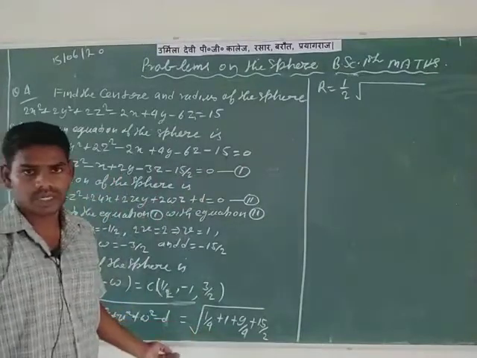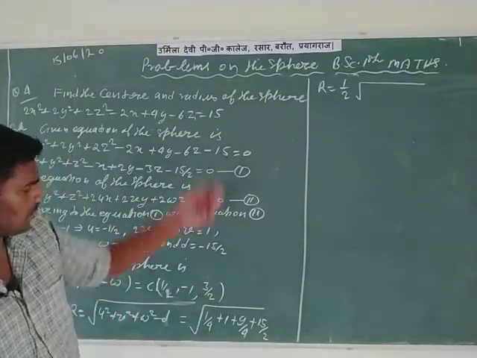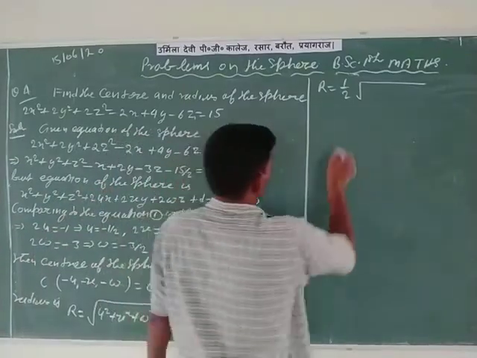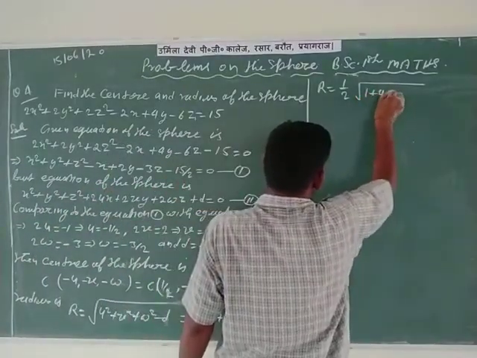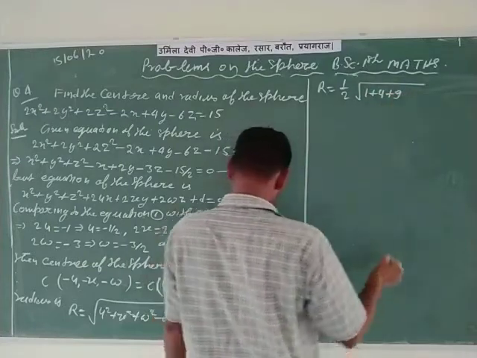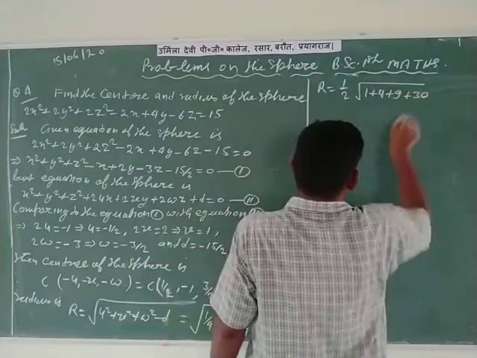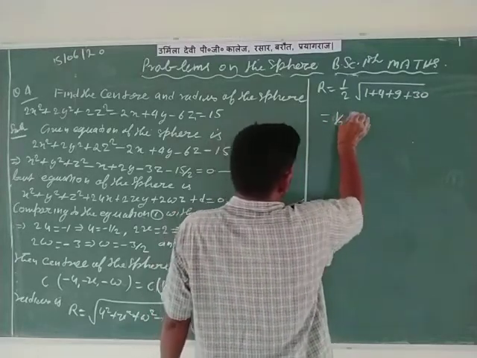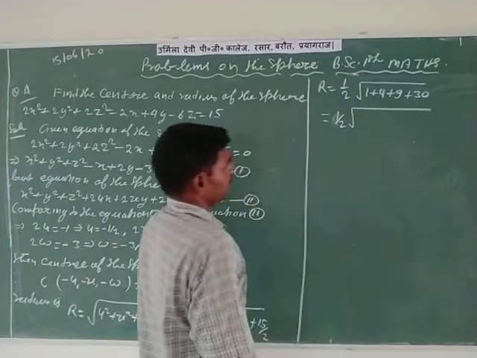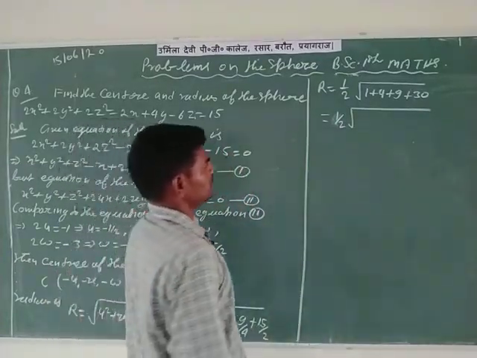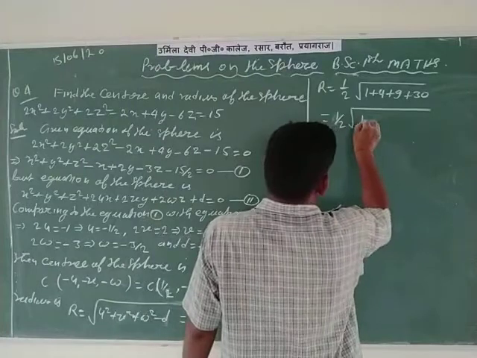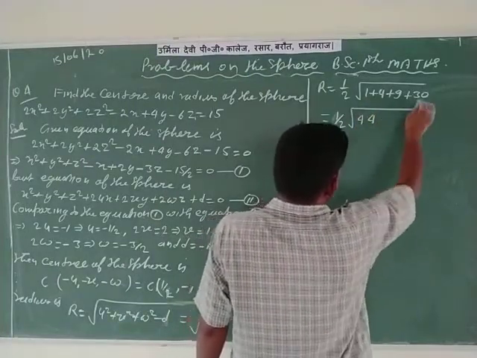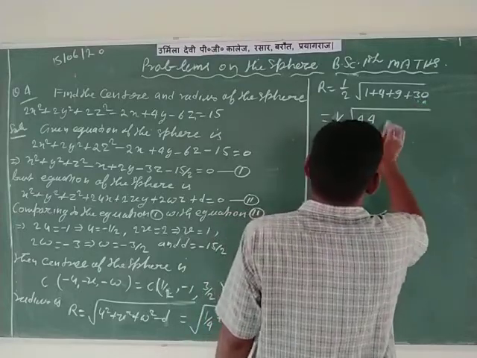1 by 4 is taken outside from the under root, and it is equal to 1 by 2 times under root of 1 plus 4 plus 9 plus 30, which is equal to 1 by 2 under root of 44.